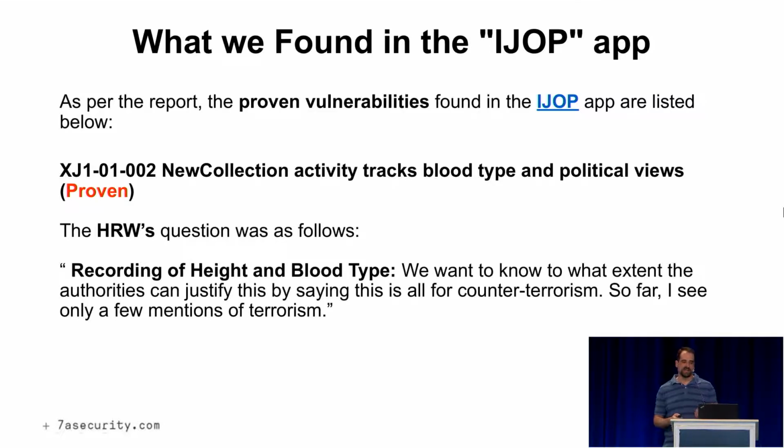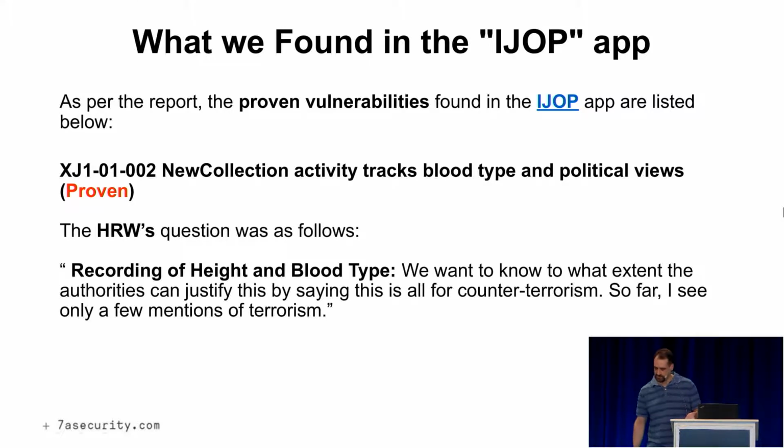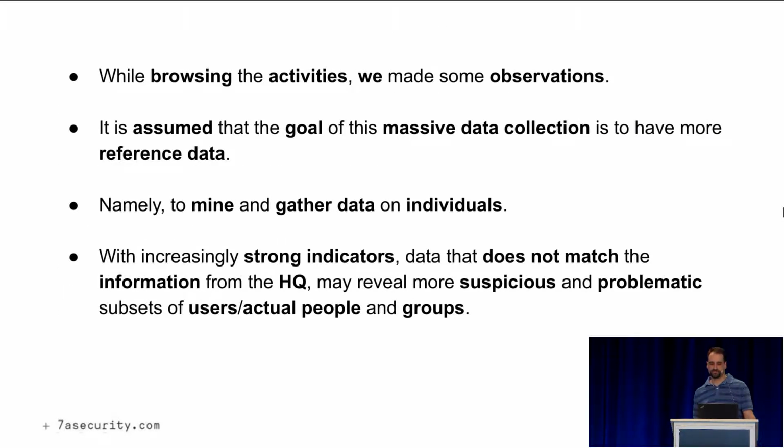So this is why the severity is not high, low, medium, critical. It's like proven, unclear, this kind of language, right? So in this case, blood type and political views, this was proven, this was clear, there's a field for it on the form, so it's not speculation.